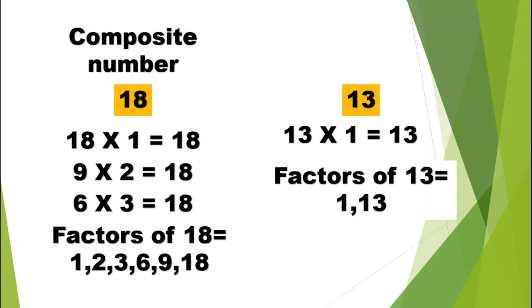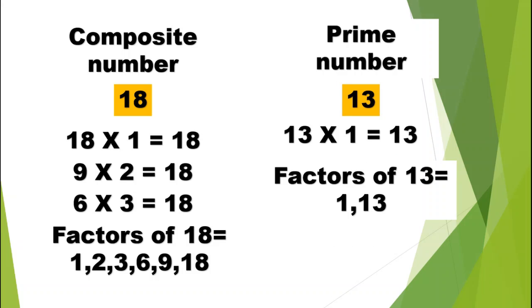When a number has more than two factors, this is what we call a composite number. If it has only two, this is what we call a prime number. So this is the difference between composite and prime numbers.